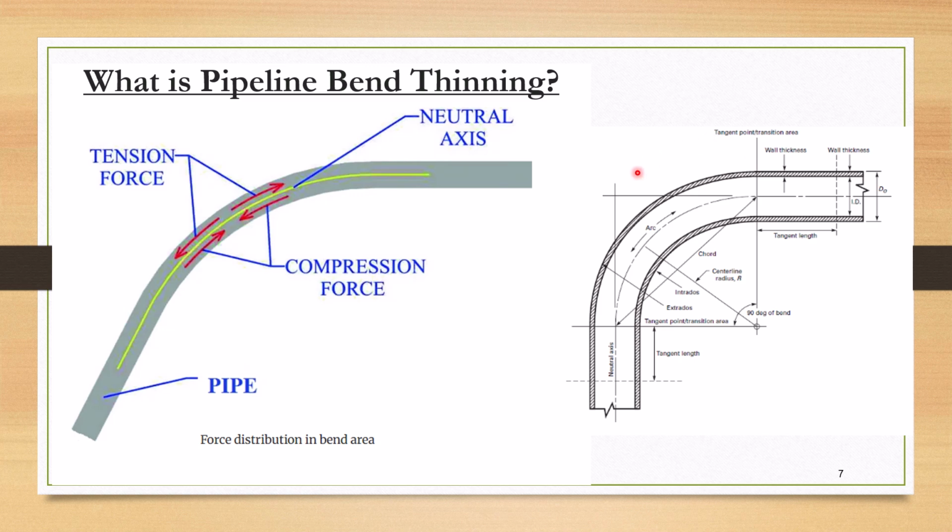Beyond this point the pipeline bend starts, whereas towards the right side this is the straight part of the pipe. Here this is the DO or outside pipe diameter, this is the ID or inside diameter, and this is the wall thickness. Hope all the terms are clear.